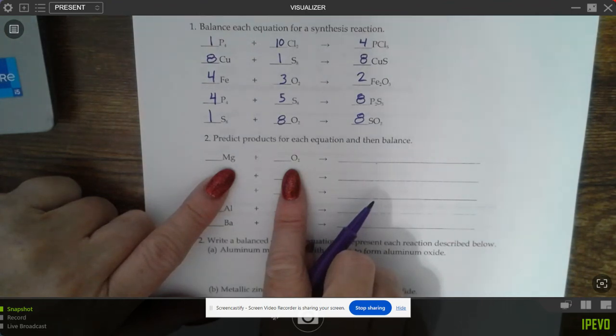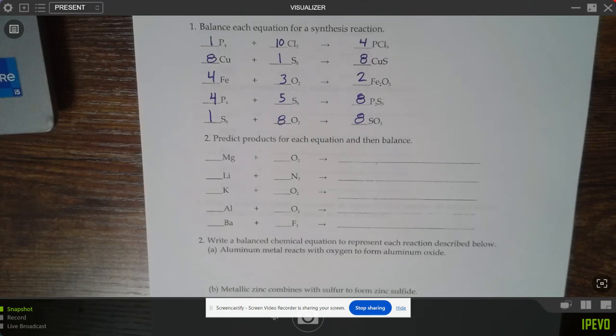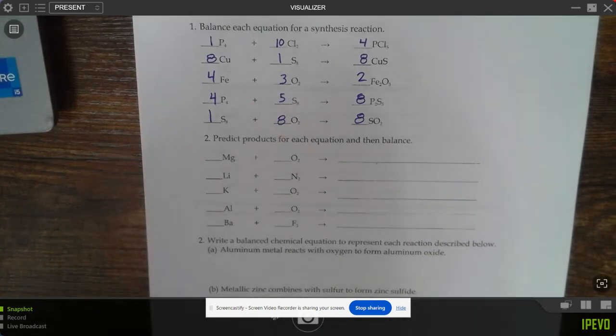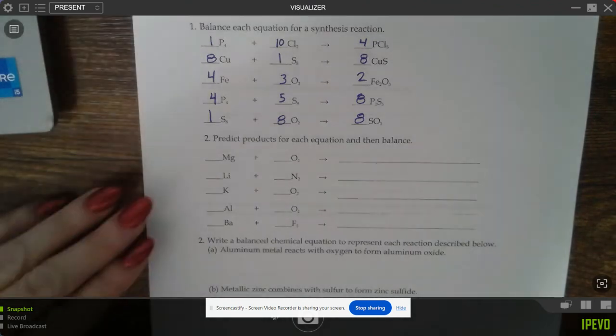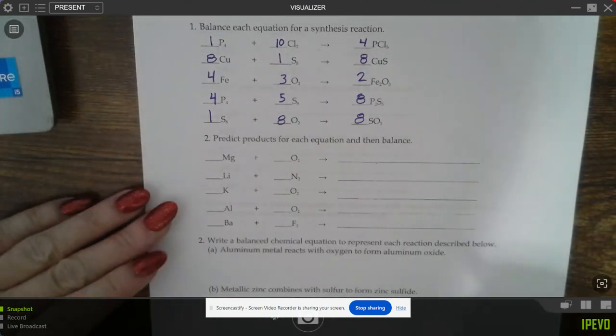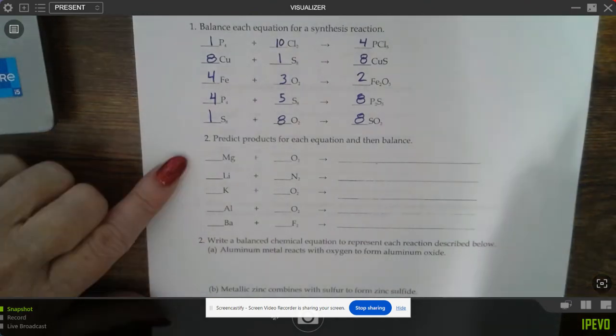And what we want to do is look at the periodic table and look at the charges. And of course, every time I come home, I leave my periodic tables at school. So you will have to look at your periodic table and check me, make sure I'm not making any mistakes.